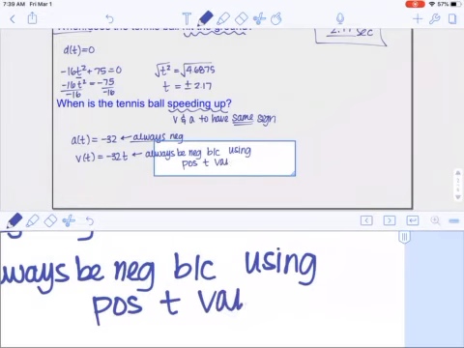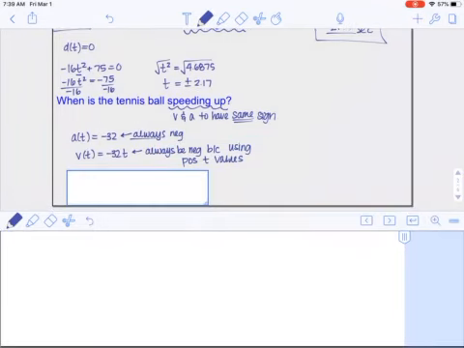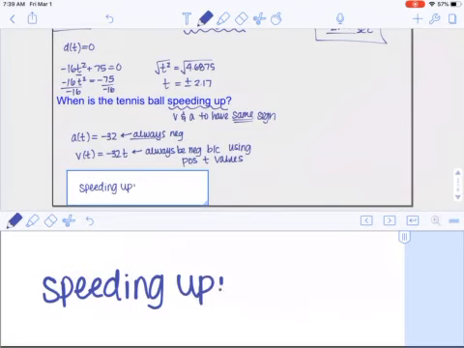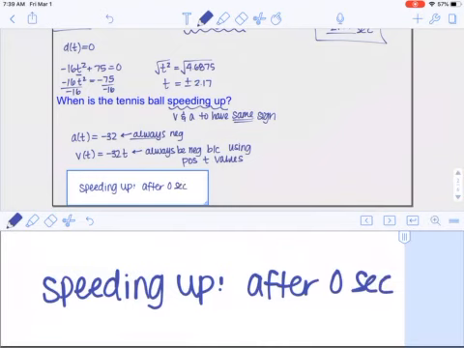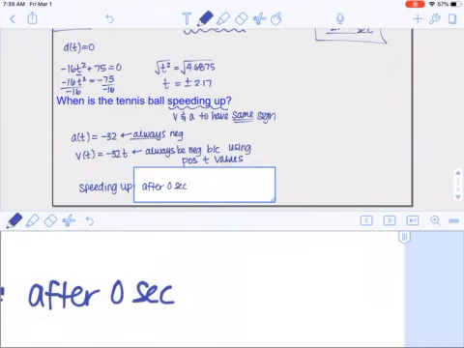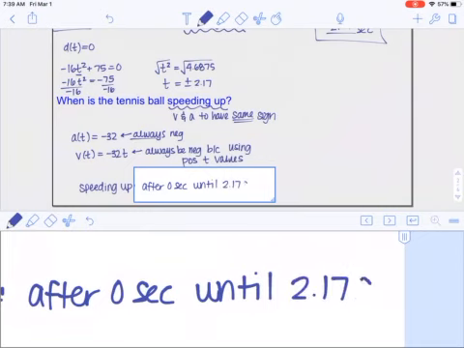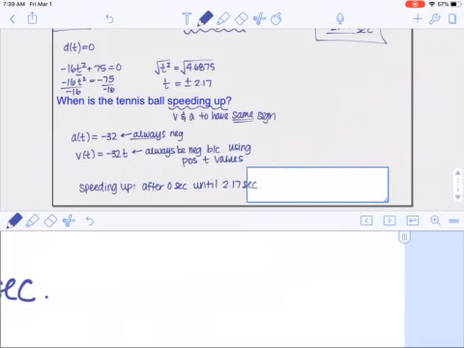So as soon as t equals 0 has happened, velocity will be negative. So when is it actually speeding up? Anytime after 0 seconds, because at 0 seconds they wouldn't have the same sign, until 2.17 seconds, because we don't need to talk about any times after that.